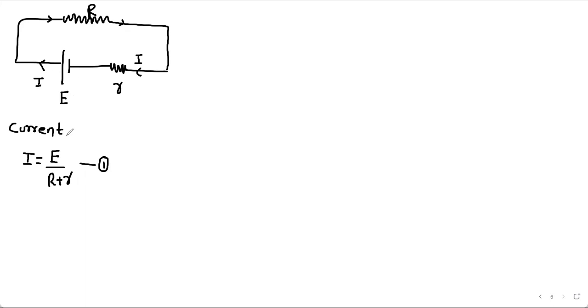The current through the circuit is the total EMF of the circuit divided by the total resistance of the circuit, E by R plus r. This is the current in the circuit. You're supposed to calculate the terminal potential difference. We can calculate terminal potential difference in two ways.